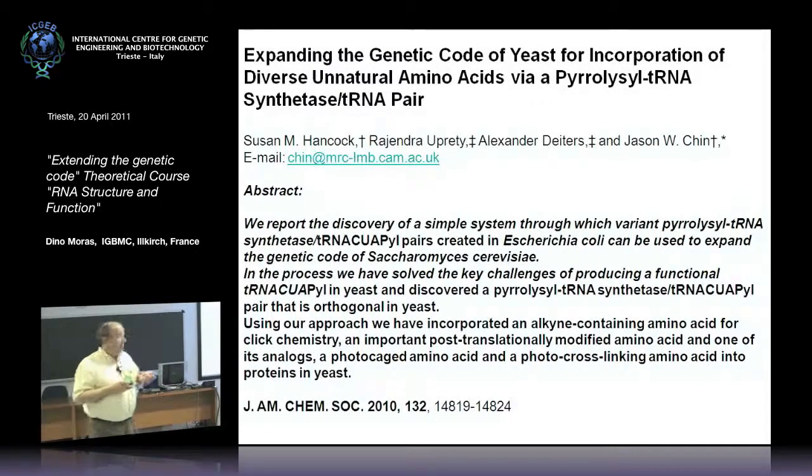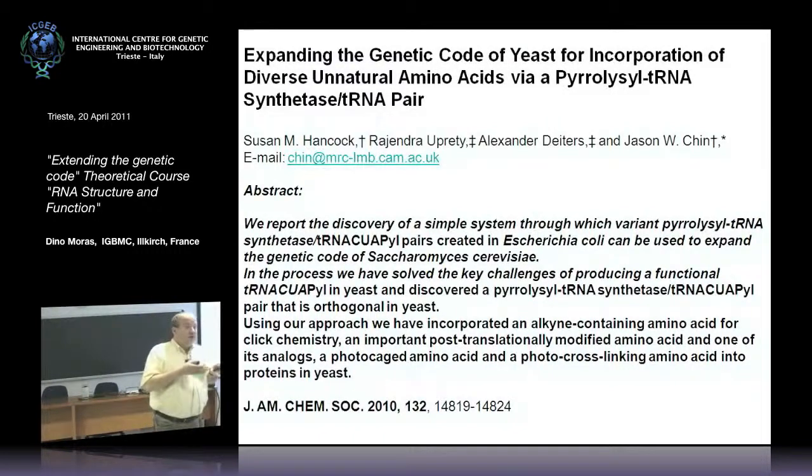And there are bacteria which have a specific tRNA pair, with a standard structure, I would say, with specific bases for recognition. This is a synthetase which is designed to recognize this amino acid, which is a non-conventional amino acid.